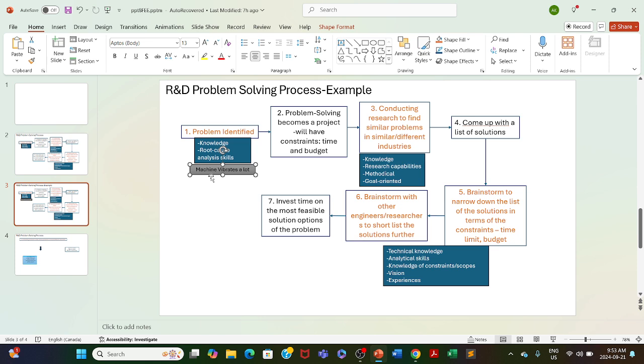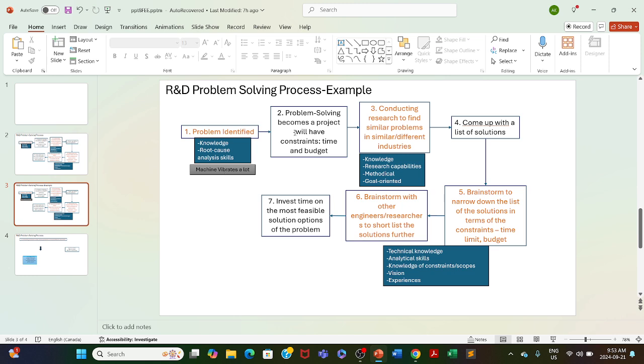Now, there are different ways. First thing, I need to know that the machine vibrates a lot. So what does it actually mean? What does this problem actually look like? What is actually the project? What do I have to resolve?